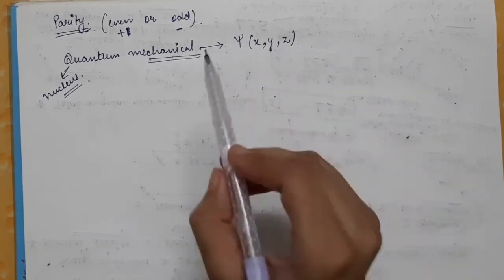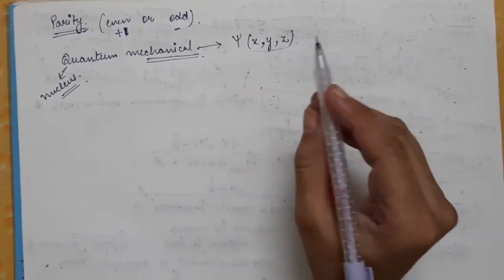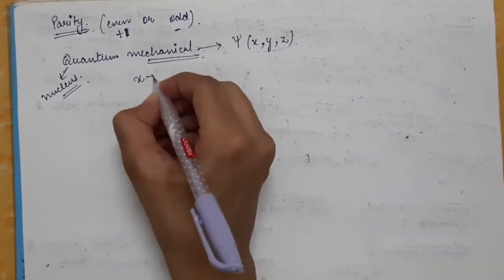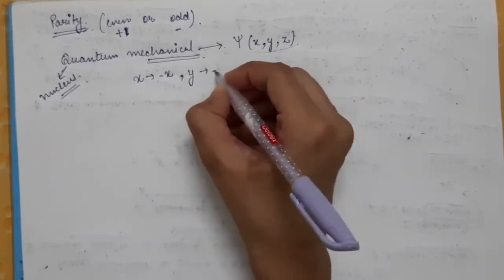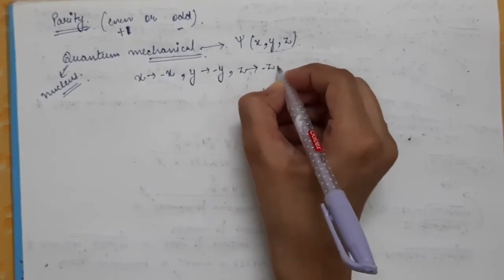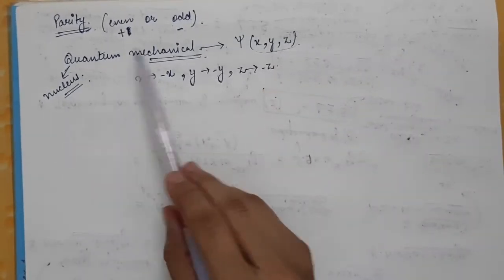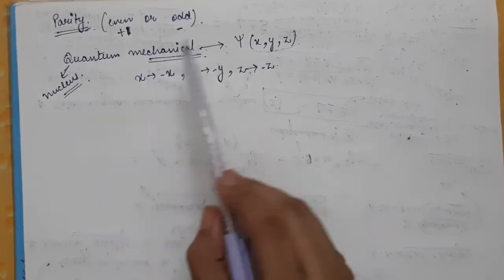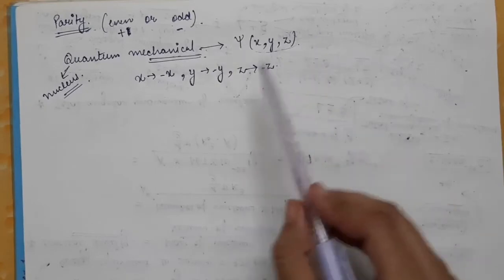Now when these coordinates are inversed, it means x is changed to minus x, y is changed to minus y, and z is changed to minus z. So every nucleus is a quantum mechanical system, so there will be a wave function associated with this nucleus.